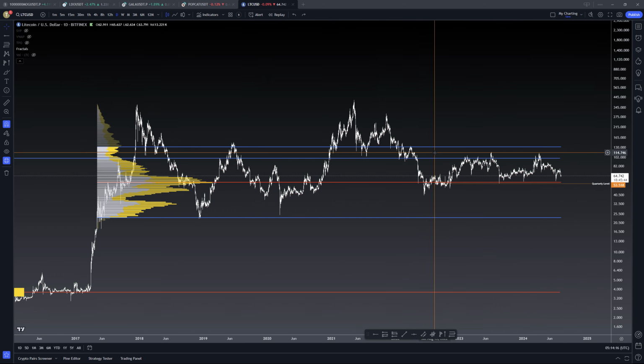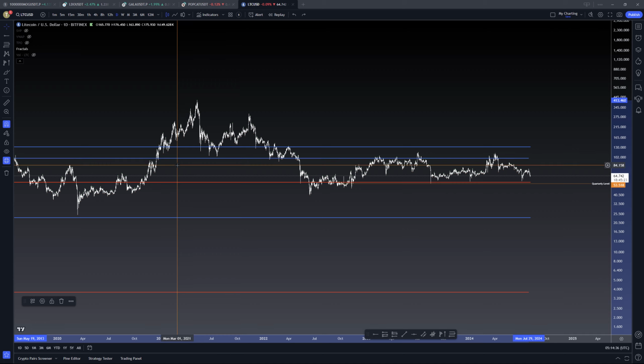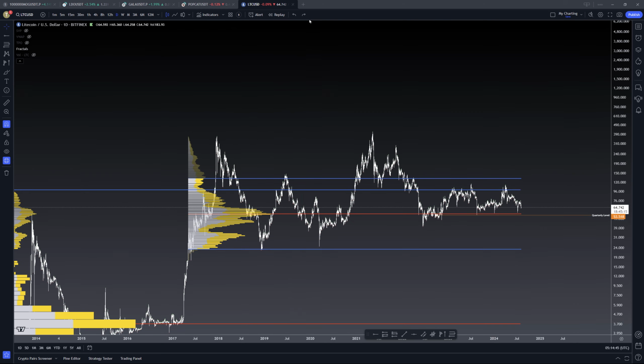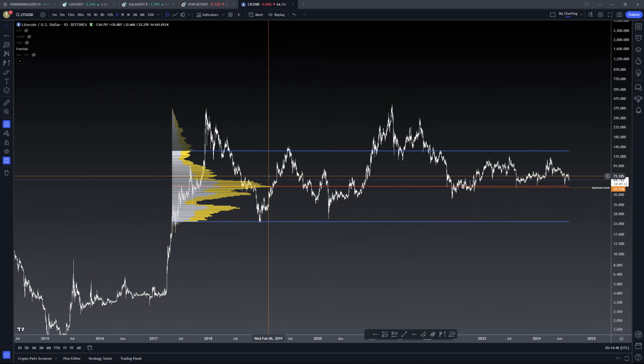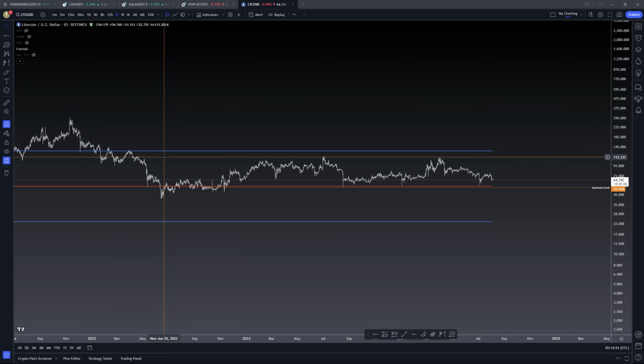Possible range right here. Let's leave that intact for now. Let's see this here.